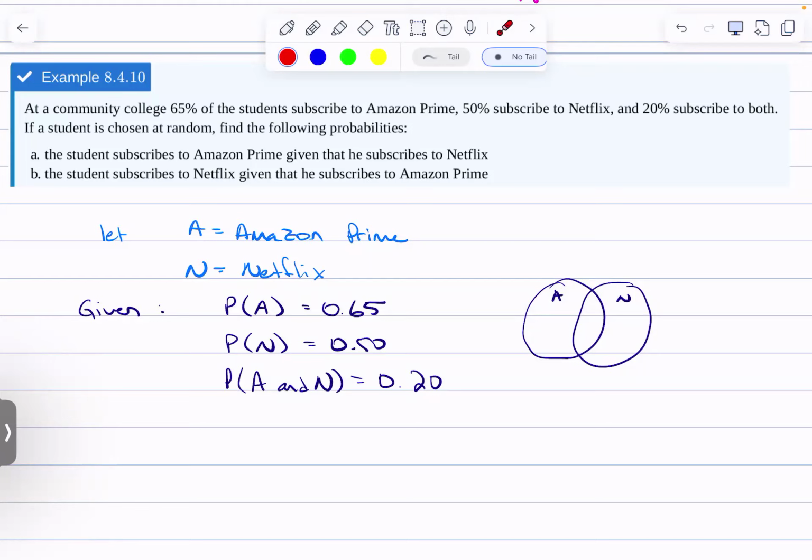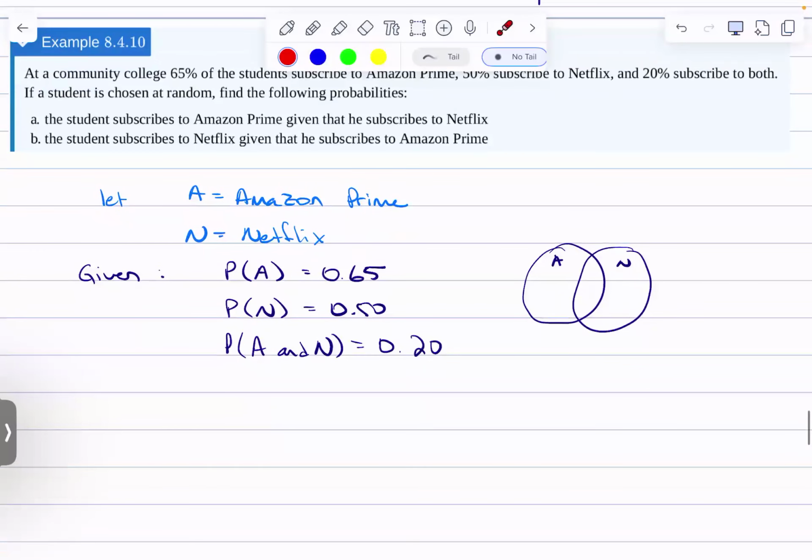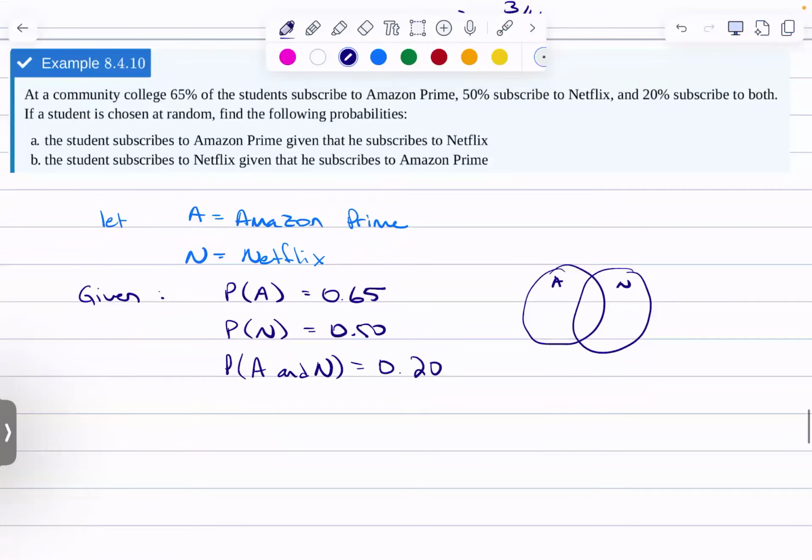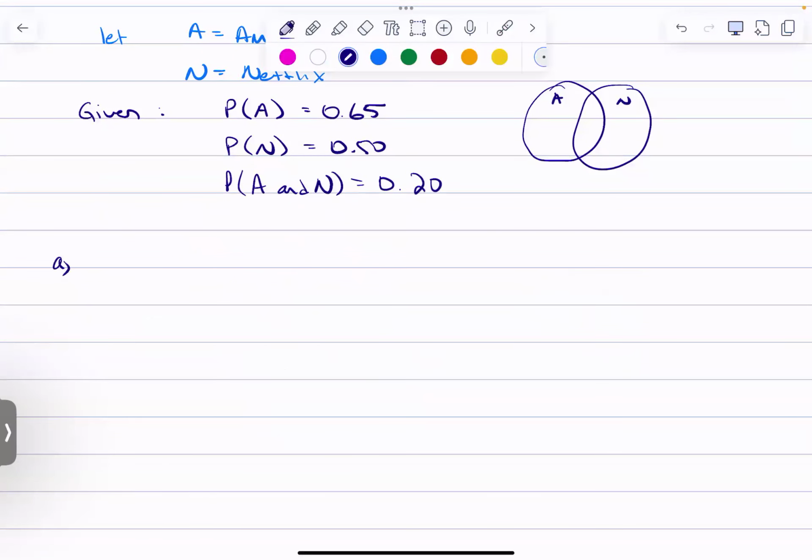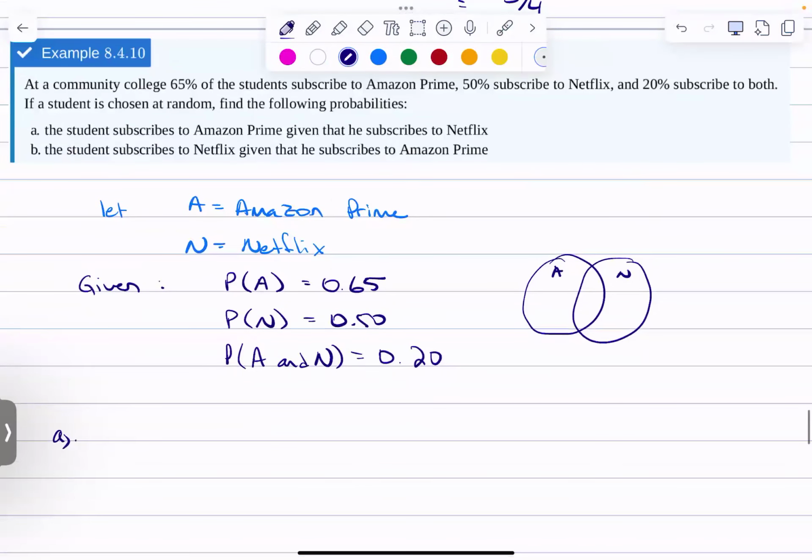You either do or you don't subscribe to Amazon Prime. But this A circle incorporates both, only Prime and or both. And so just for the visual, but you don't need to worry about that. But we do need to translate part A.